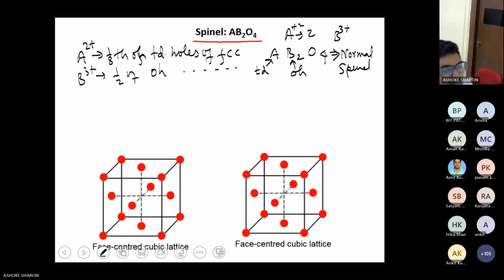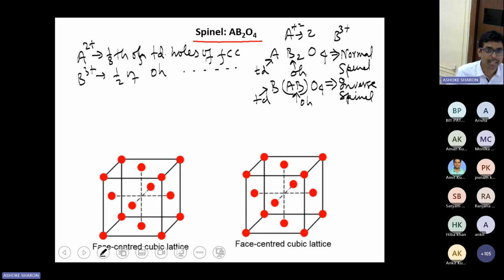But there is another spinel structure, of the formula B(AB)O4, where B goes to the tetrahedral hole and A and B go to the octahedral holes. This is called inverse spinel. So normal spinel and inverse spinel, two types of spinels, are there.